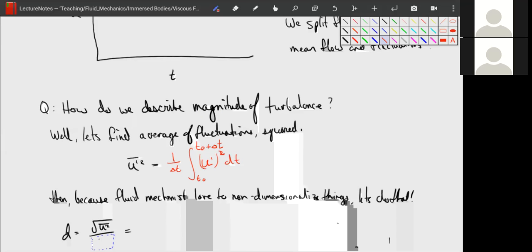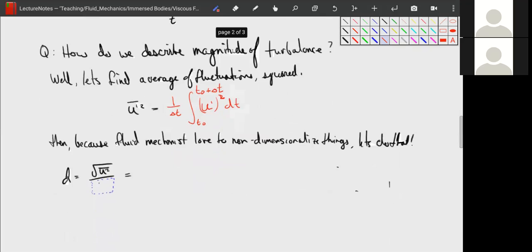So we can integrate the velocity over time, squaring the deviations. This is sort of like the root mean squared, right? But we're not taking the root. It's just the mean squared deviations of the velocity. And that turns out to be really useful because we can non-dimensionalize it, as fluid mechanics people like to do. We can divide the square root of the fluctuations by the average velocity.